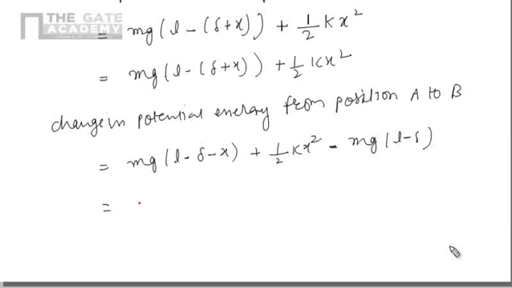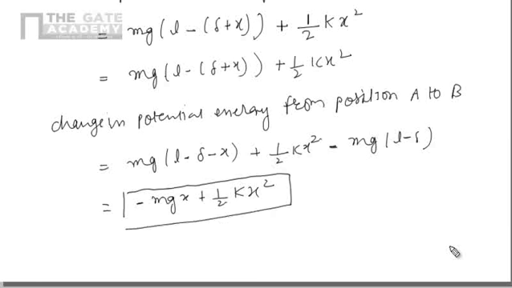So we will get minus mgx plus 1/2 k x squared. So the correct answer is minus mgx plus 1/2 k x squared.